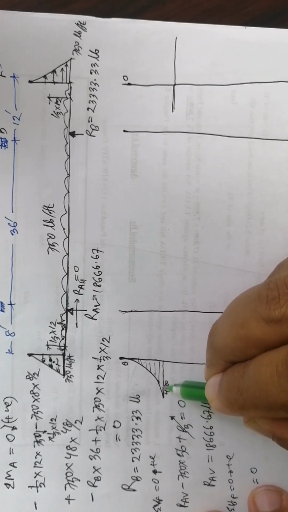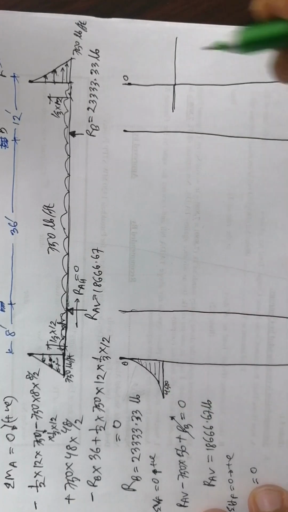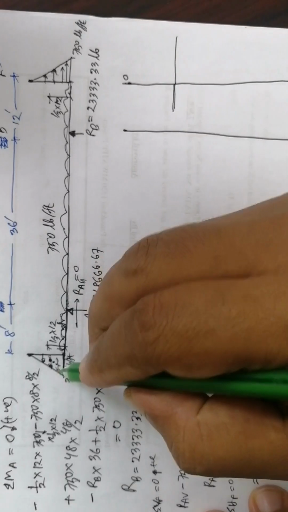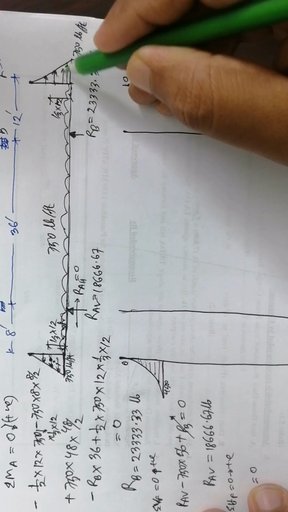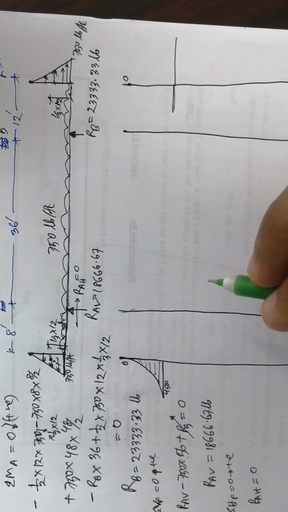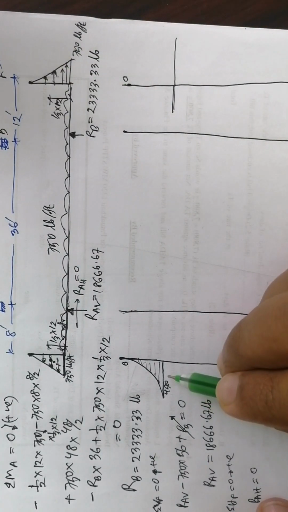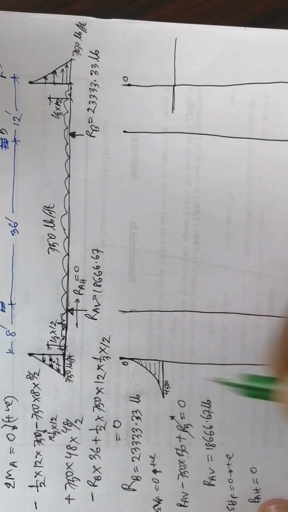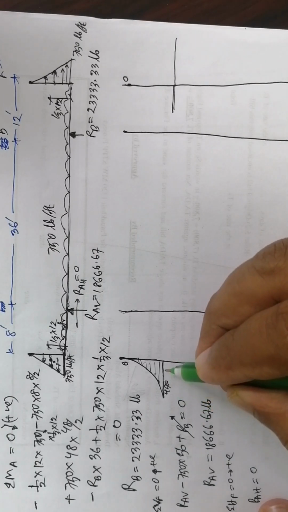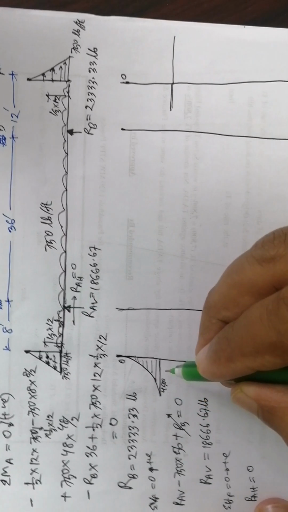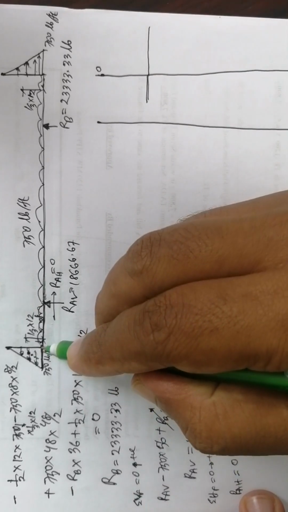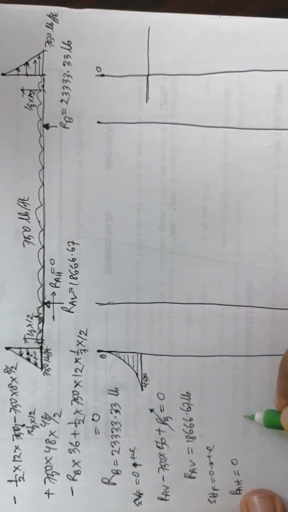This force is acting in this direction, and this force is acting in this direction. So if we draw the free body diagram of this point and this point, it should be like this.